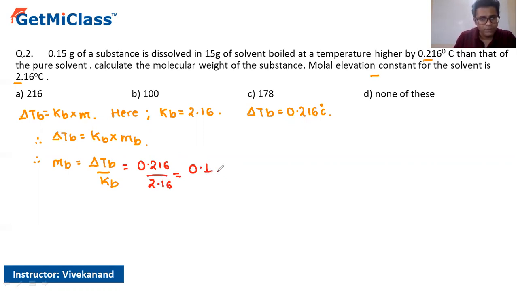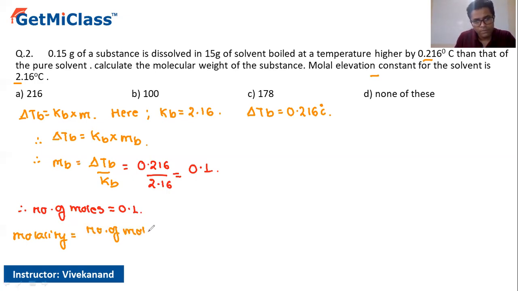So the molality is equal to 0.1. Going further, making use of the molality itself, what is molality? Molality is equal to the number of moles of solute divided by the mass of solvent.